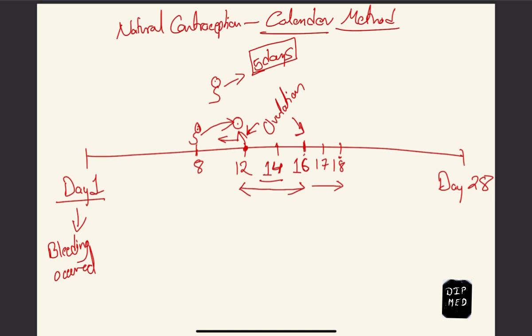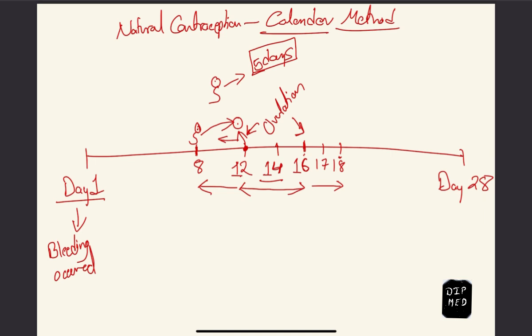All right, so even the period before day 12, going back to day 8, is also considered an unsafe period, because if sexual intercourse takes place on day 8 and the sperm is released, and the female ovulates on day 12, there is a chance of fertilization.